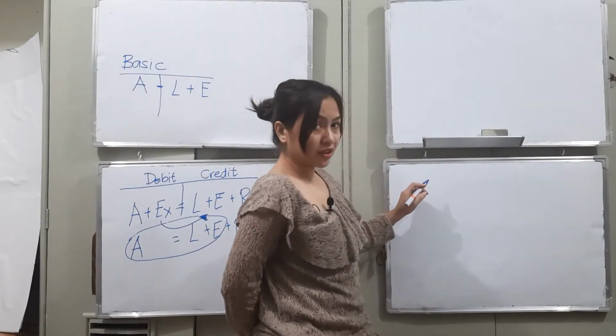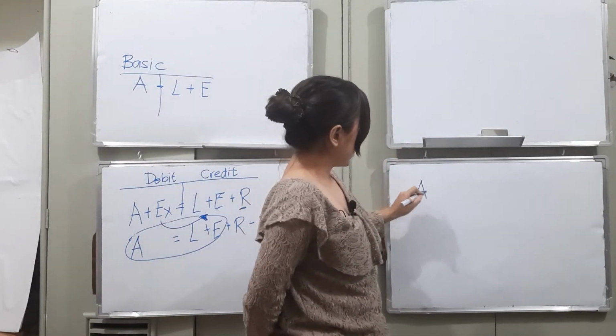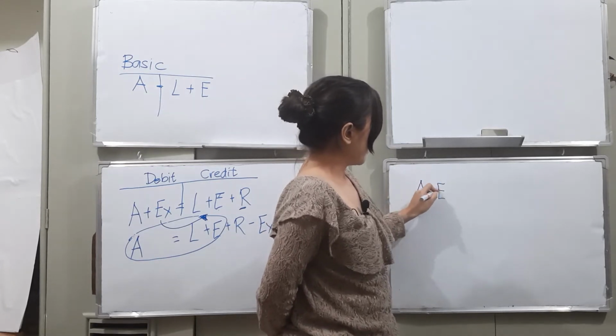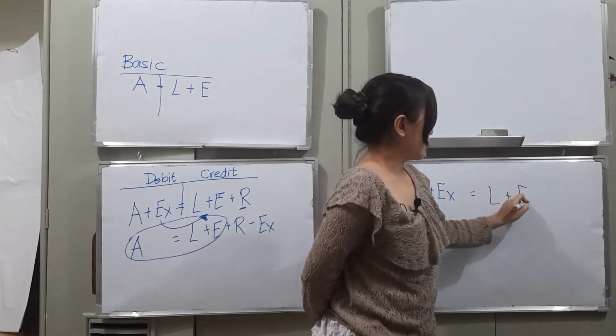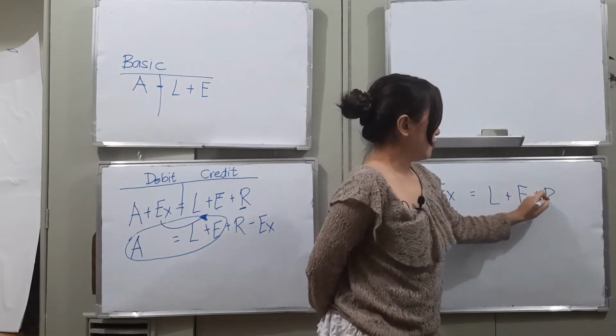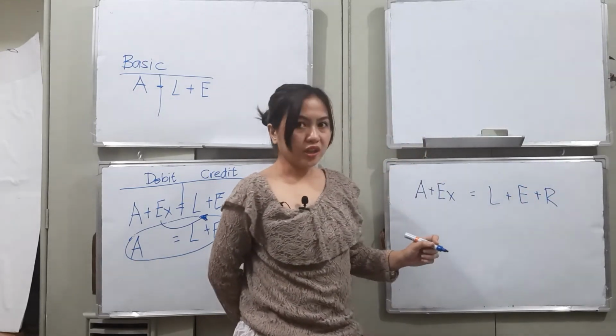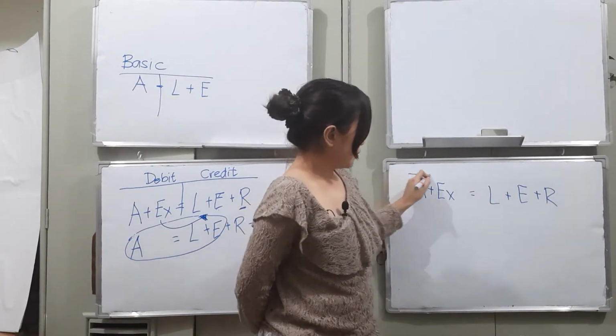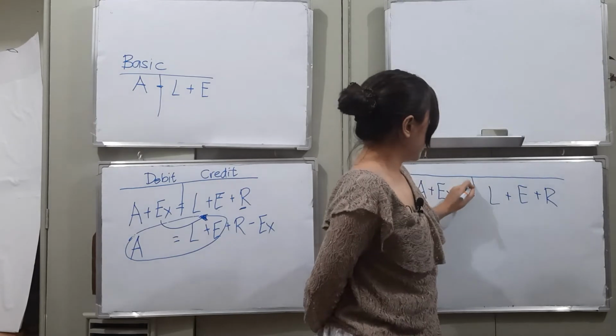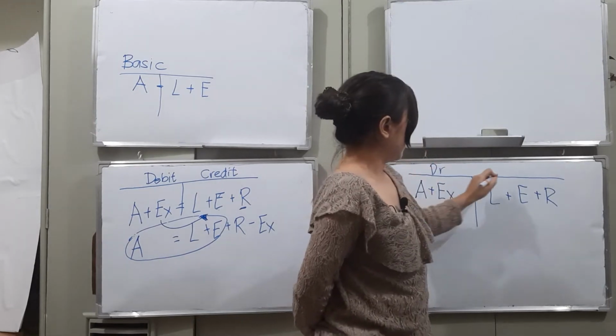So I'll write it again. Assets plus expense equals liability plus equity plus revenue. So what is a receivable? Asset. So you must know whether it is a debit or credit.